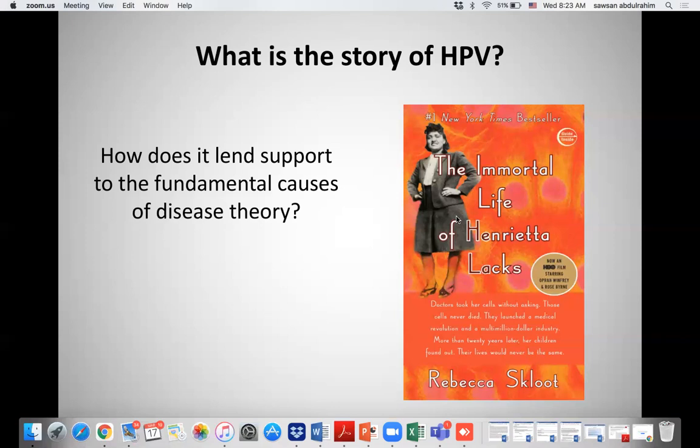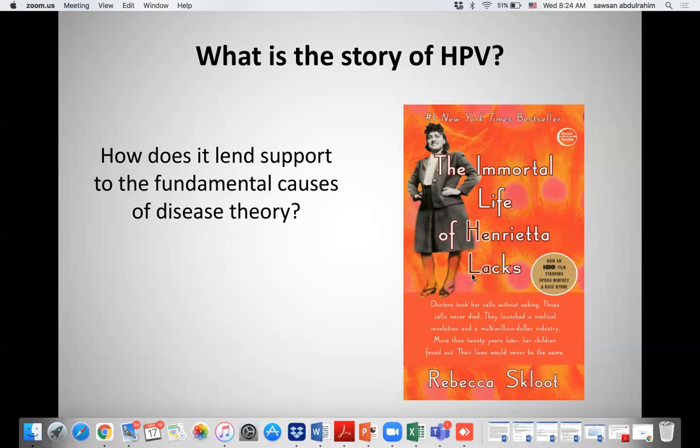Scientists who do cancer research use Henrietta Lacks's cervical cancer cells. There was something special about these cells, that they grew in a certain way that makes it feasible to do cancer research on them.